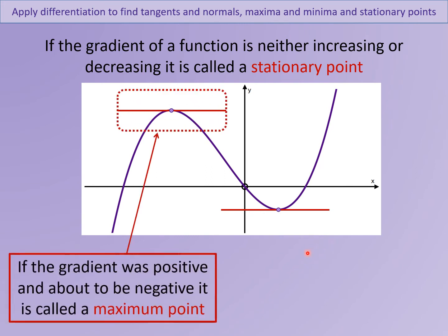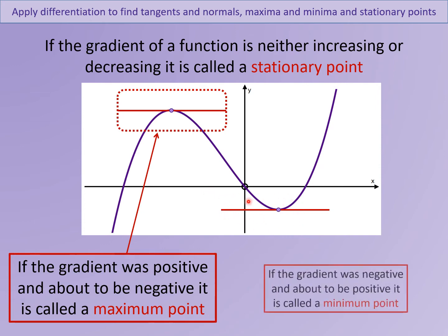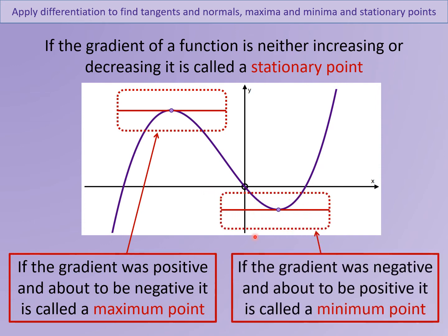And if the stationary point we've got there is a maximum, or it could be what's called, in this case, a local minimum point. But what's important to understand is if the gradient is going from a positive value to a negative value, that makes it a maximum point.